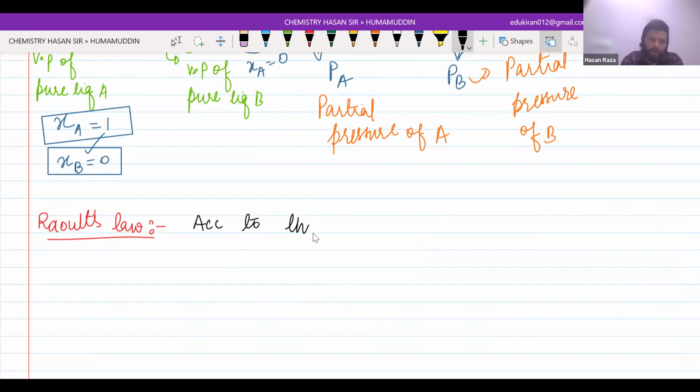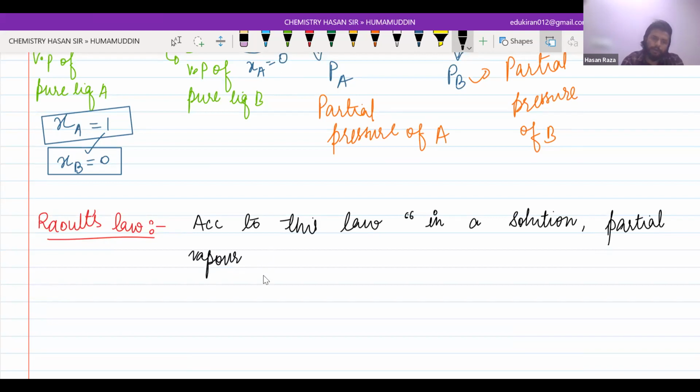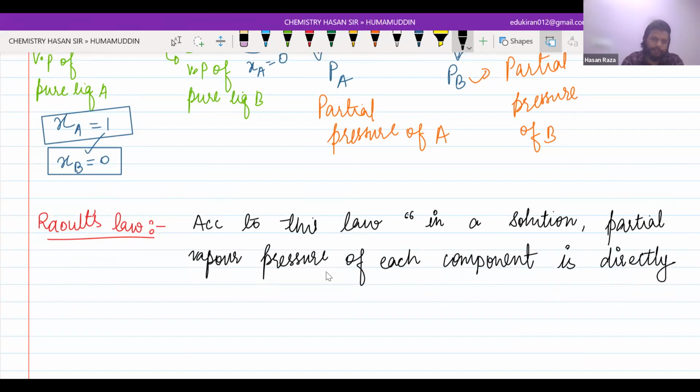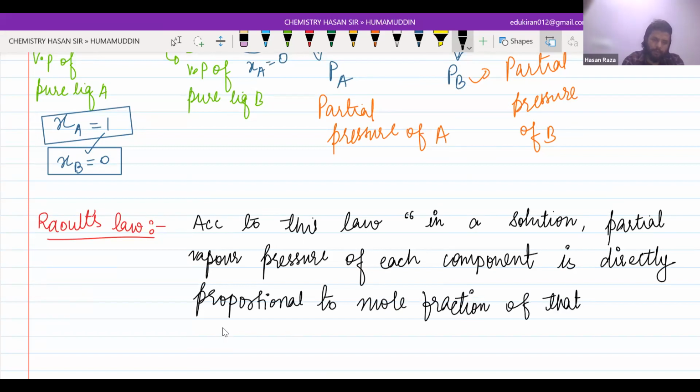According to this law, in a solution, the partial vapor pressure of each component is directly proportional to the mole fraction of that component.